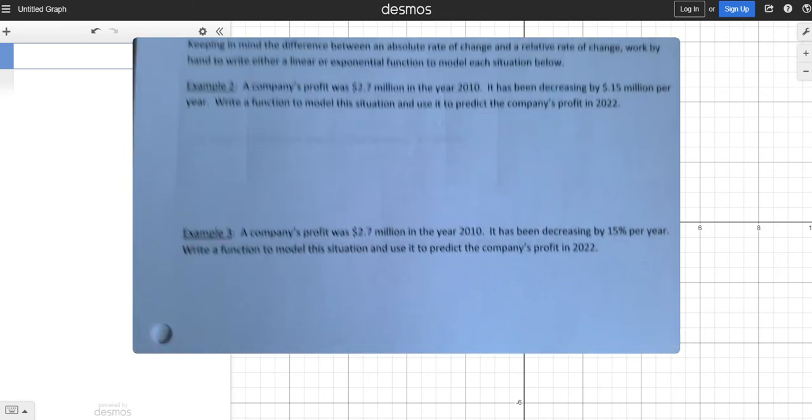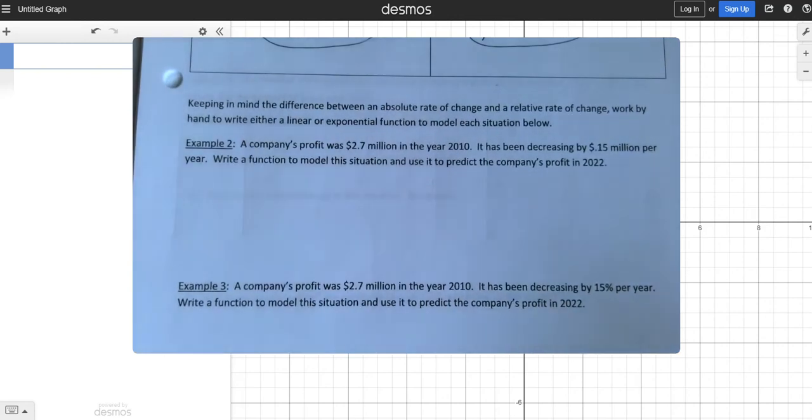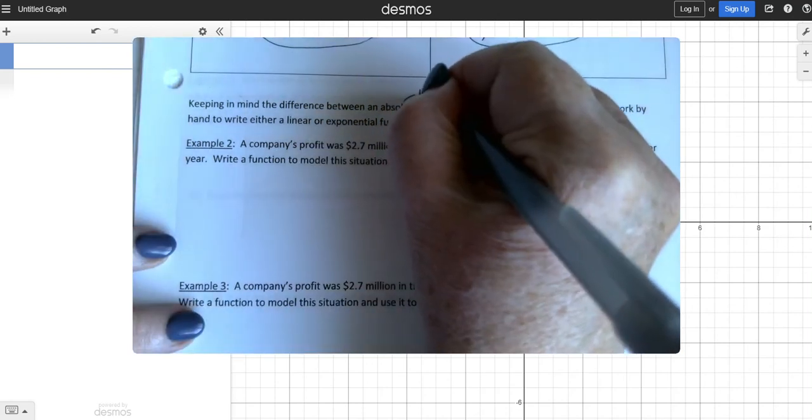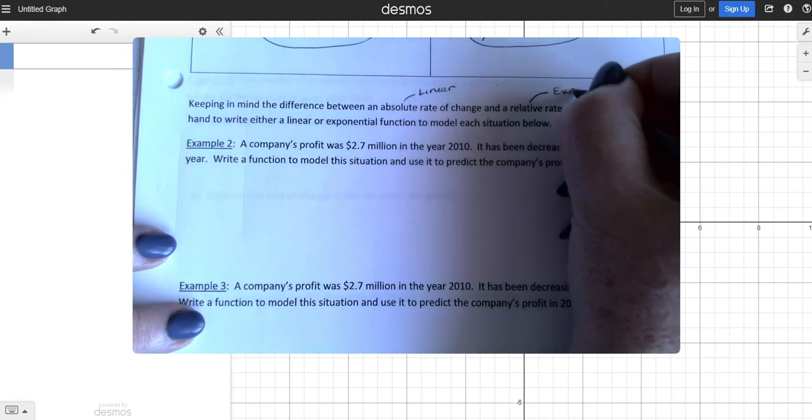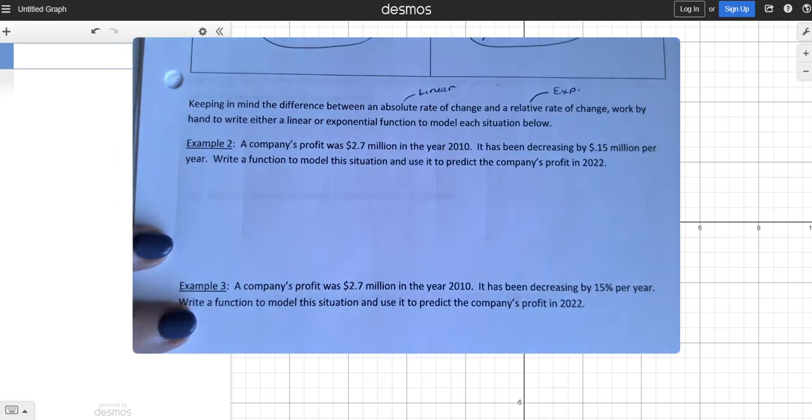All right, let's pursue a little bit further this idea about rate of change, absolute for linear functions, and relative for exponential functions. And we're going to use the information here to write either a linear or exponential function to model each situation.